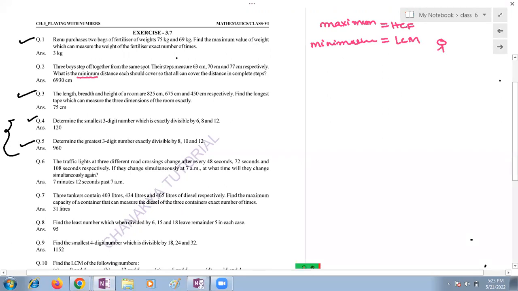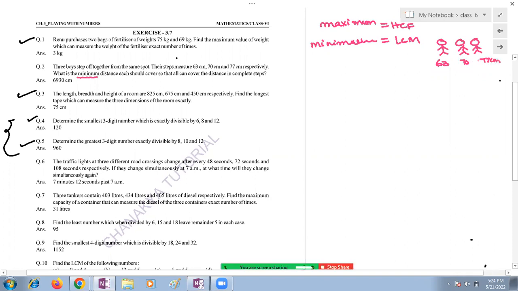See, children, there are 3 students. You just think these 3 students have started. Their footsteps are different because each one does not have the same length of footsteps. Yes or no, children? Their footsteps measure: the first boy is 63 centimeters, the second boy is 70 centimeters, and the third boy is 77 centimeters.